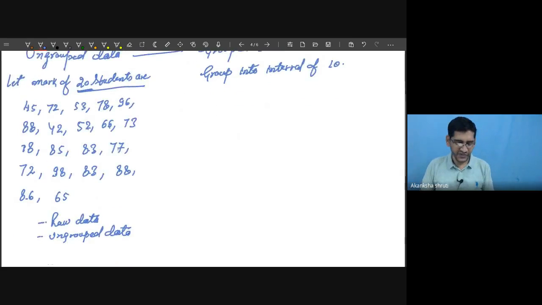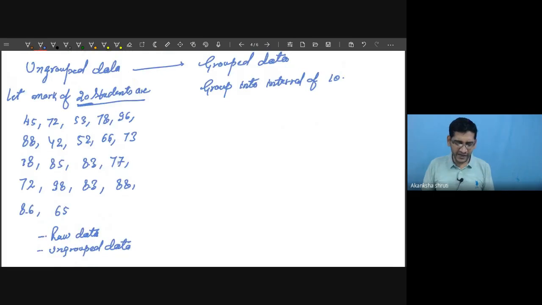That I am taking. So the lowest data that we are observing here is 42. So I can choose 40 to 50 as one group. In this 40 to 50, how many students are getting the marks?